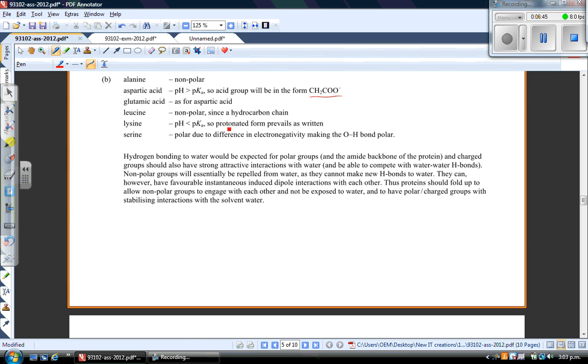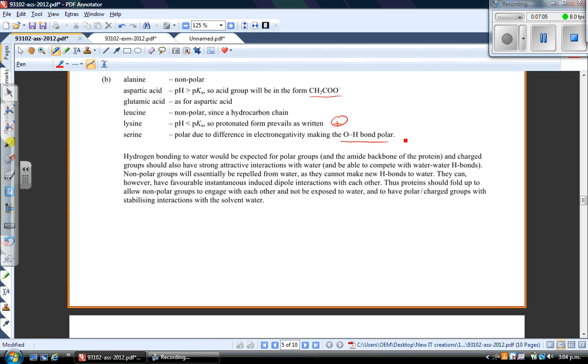Glutamic acid is the same as for aspartic. Leucine is nonpolar. Lysine, the pH of 7.4 is less than the pKa of 11. So the protonated form, or the positive NH3 plus form prevails. And then serine is polar due to the difference in electronegativity between both oxygen and hydrogen.